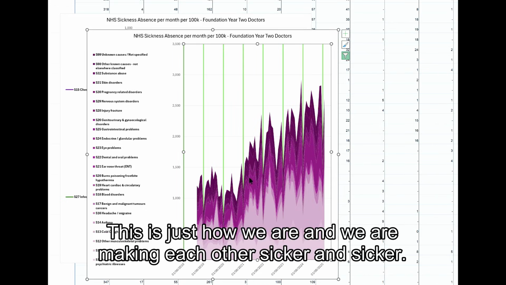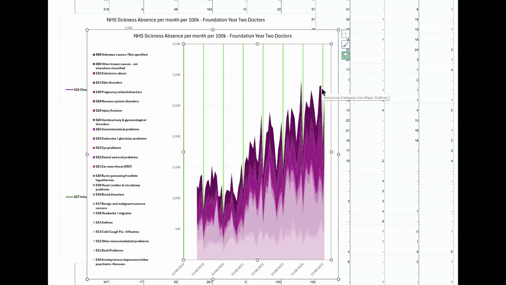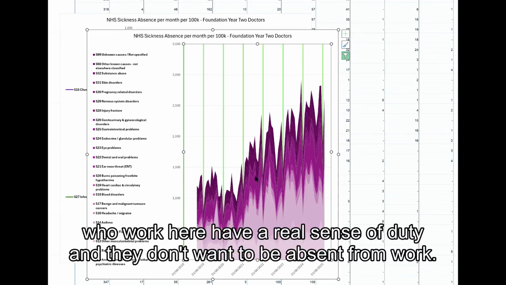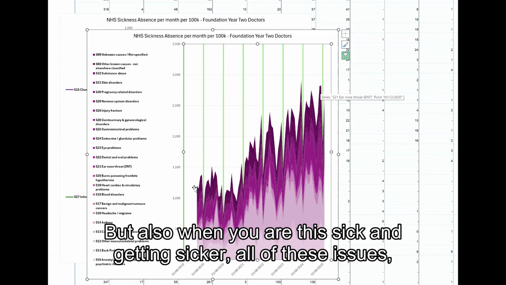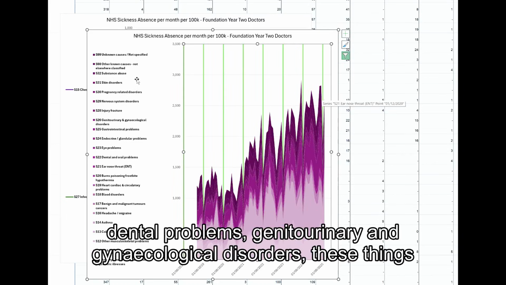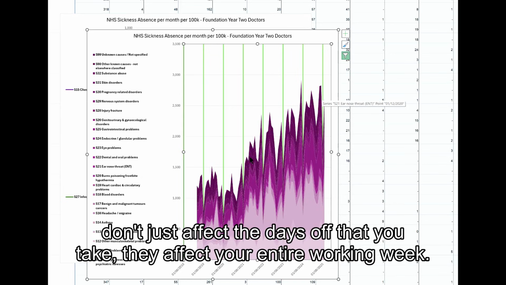This is just how we are, and we are making each other sicker and sicker. Doctors who work here have a real sense of duty, and they don't want to be absent from work. But also, when you are this sick and getting sicker, all of these issues, dental problems, genitourinary and gynecological disorders, these things don't just affect the days off that you take, they affect your entire working week.